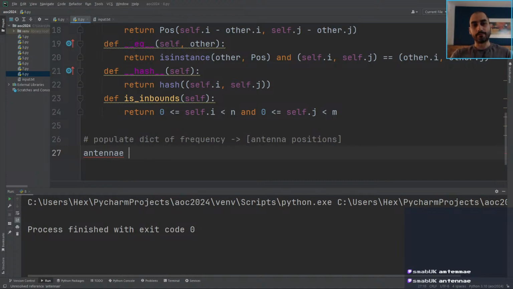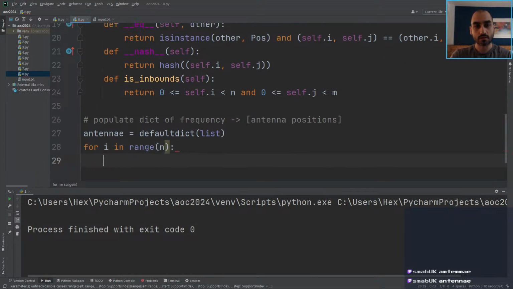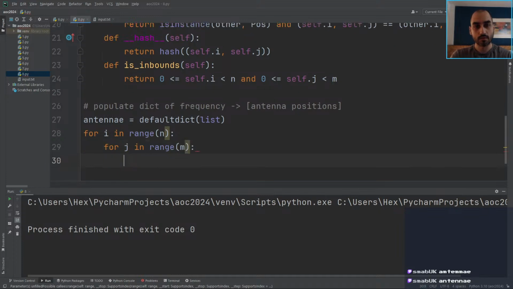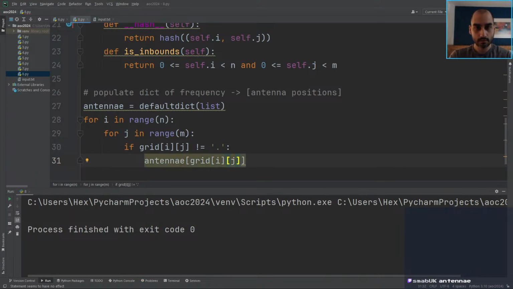Antennae equals default dict list. For i in range n, for j in range m, if grid ij is not equal to dot, we're going to do antennae on that symbol dot append pos ij.